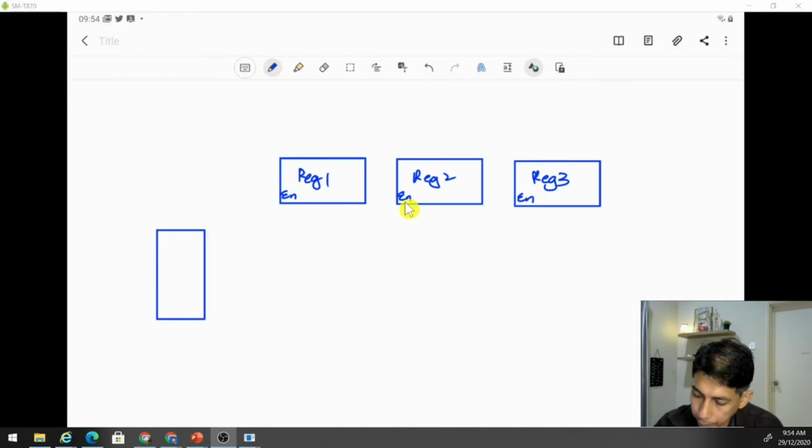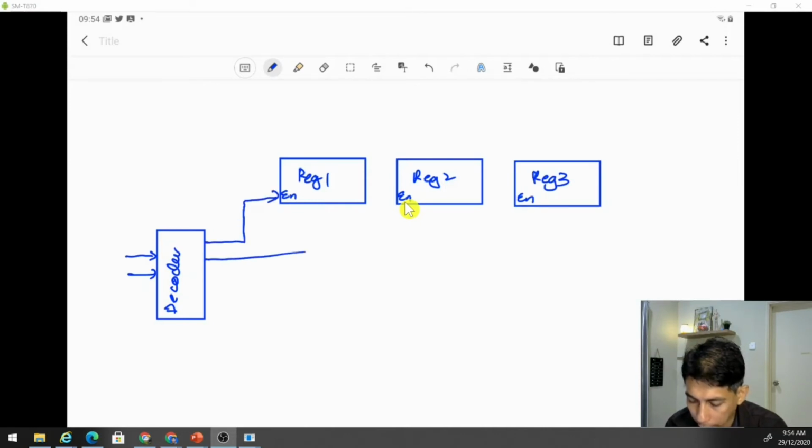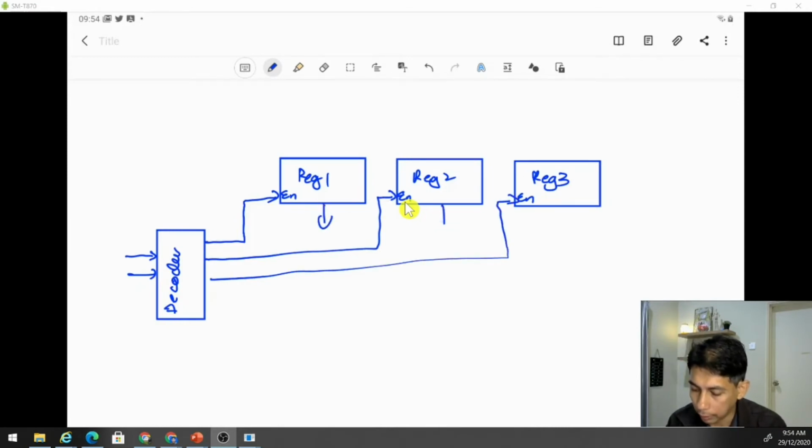So this decoder, you can have a 2 to 4 decoder. This can be connected to this, this, and this, and this is data out, data out, and data out, right?